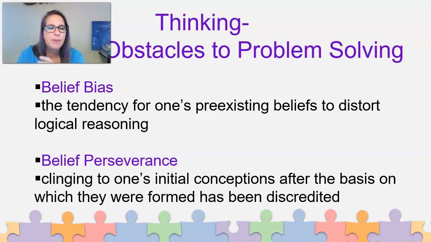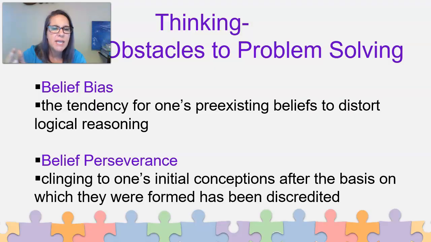Belief bias and belief perseverance are two other ones. Belief bias is the tendency for your pre-existing belief to not allow you to think logically about a problem. So you believe something about an event or somebody or something, and therefore you just stop thinking critically or logically about it.